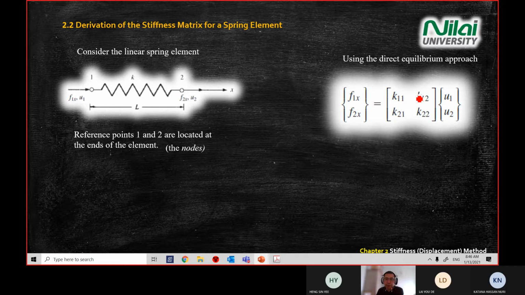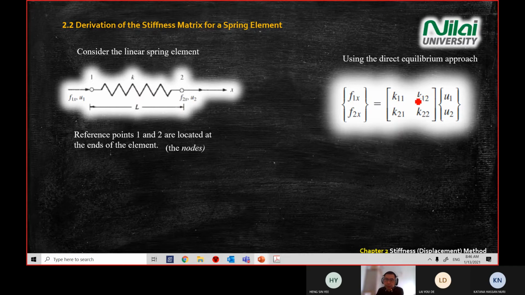Okay, we're going to look at this one. The stiffness matrix here has 4 values of K. K11 means row 1, column 1. K12 means row 1, column 2.